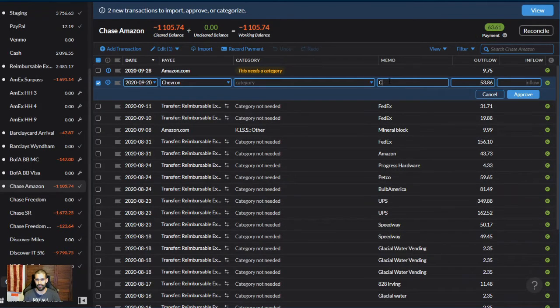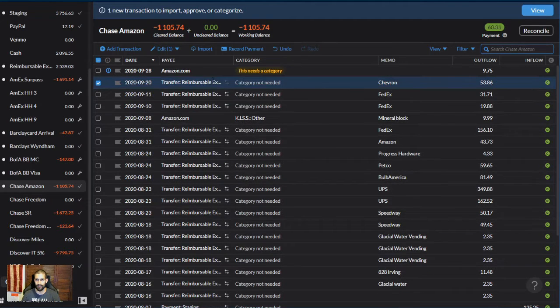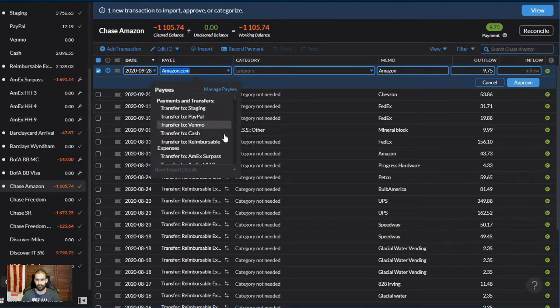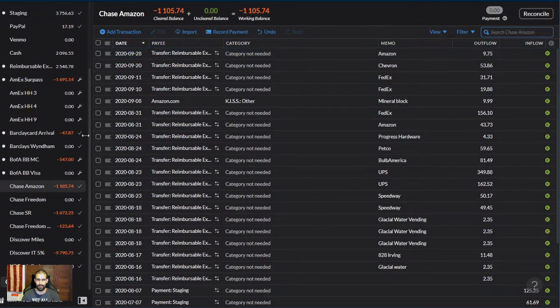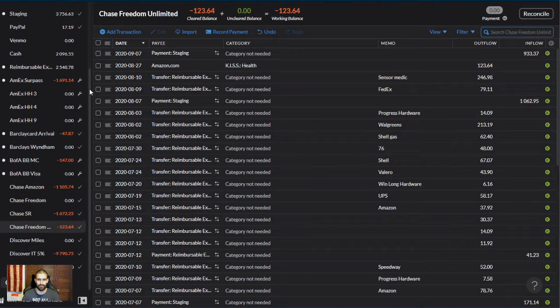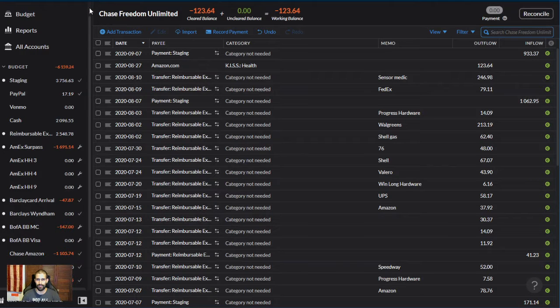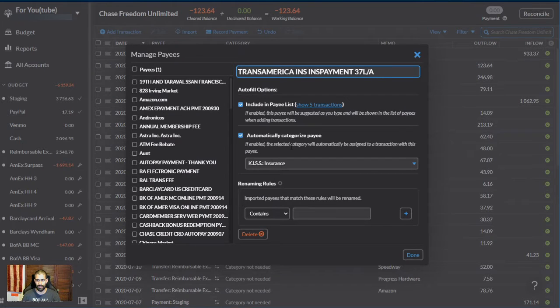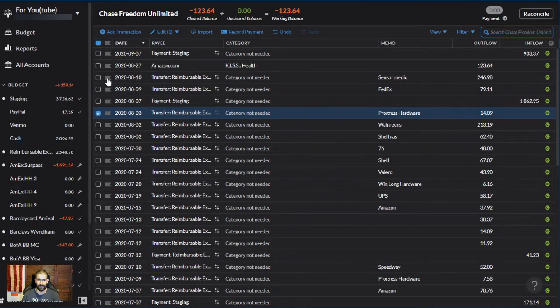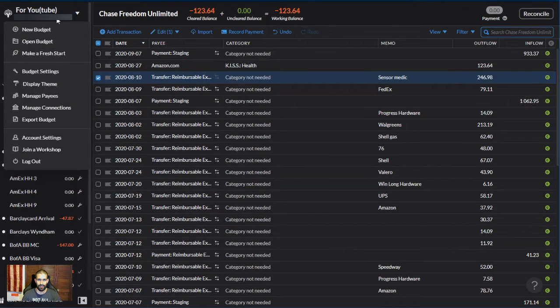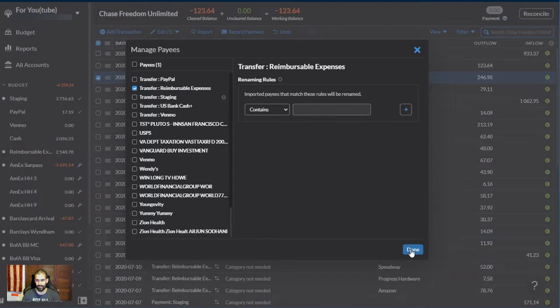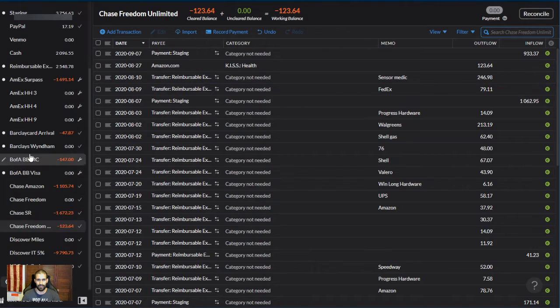So these are also work lunches. I mean, not work lunches, but reimbursable expenses. Okay. Oh yeah, the thing that I gotta do for this is to go into manage payees and automatically or delete all these, because otherwise YNAB's gonna try and be all smart, and I don't want that.